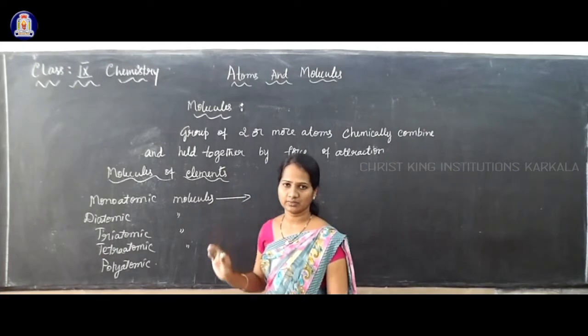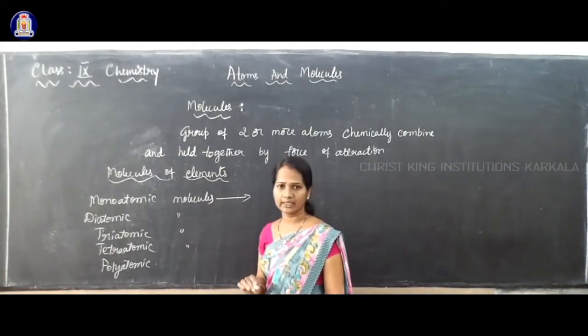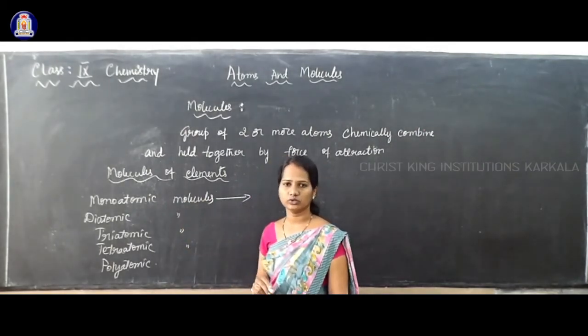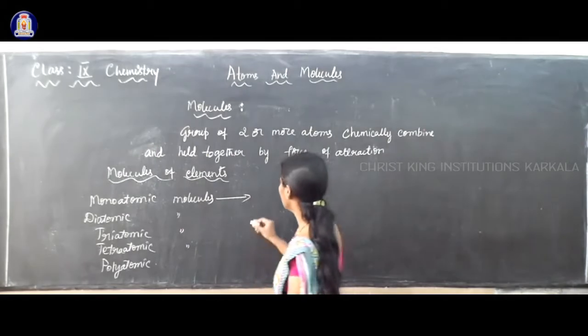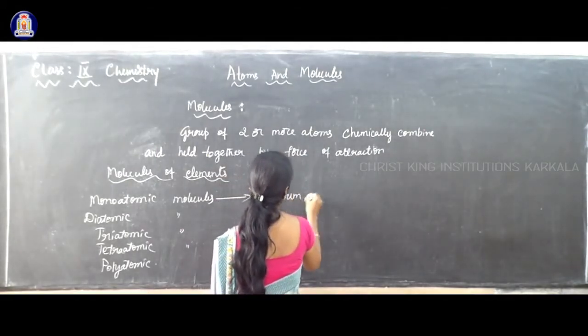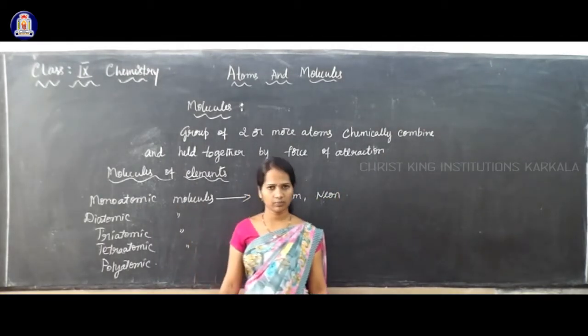Same type of atoms in the sense, only one atom is present. The molecules containing only one atom are called monoatomic molecules. If you give the example of helium, neon, etc. These are monoatomic molecules.